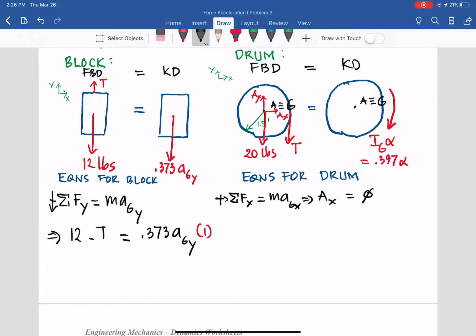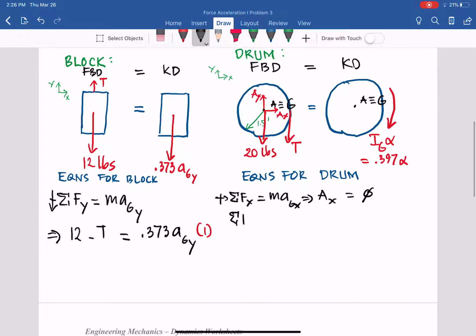So Ax equals 0, the reaction in the x direction at A equals 0. Sum of all the forces in the y direction, assuming going up, equals MAgy. From the free body diagram, Ay minus the weight 20 minus T equals MAgy, and since A is a fixed point, that is 0. Let's call that equation 2. Ax equals 0 is already found, so you don't need to name that equation.